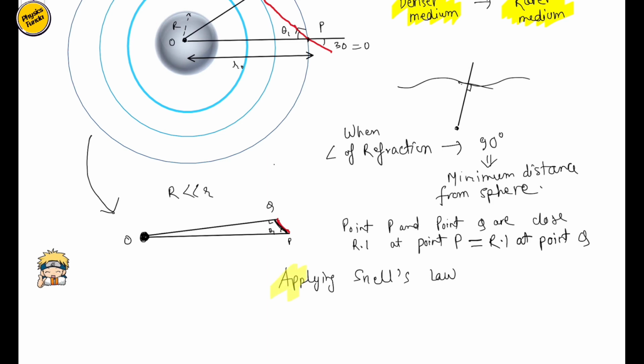So this assumption I have to take into consideration, okay, to solve this question. Okay, if I apply Snell's law at point P, I can write mu of R naught times sine 30 degree is equal to n1 sine theta 1.